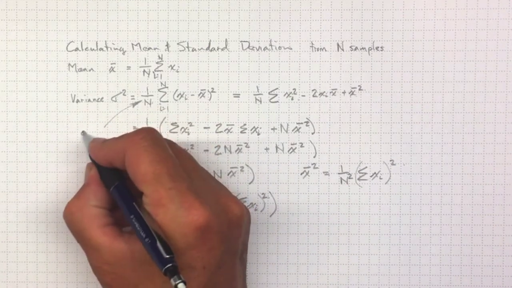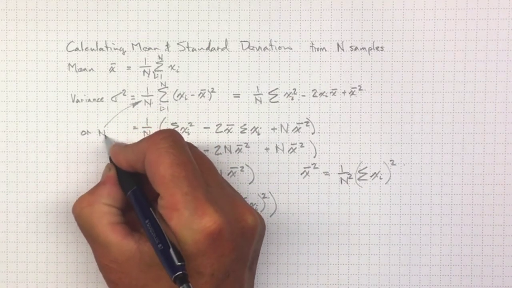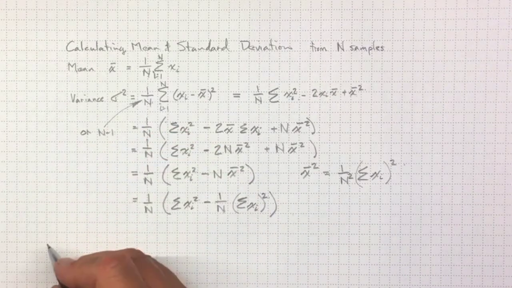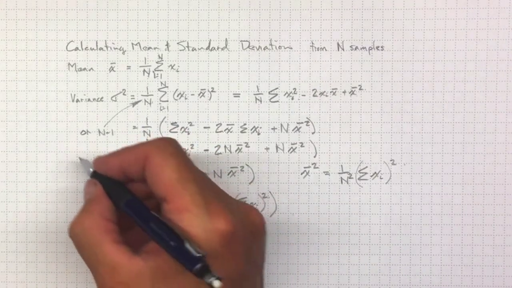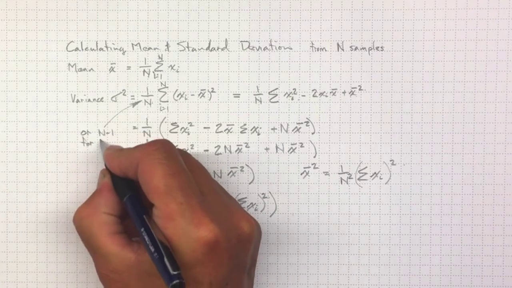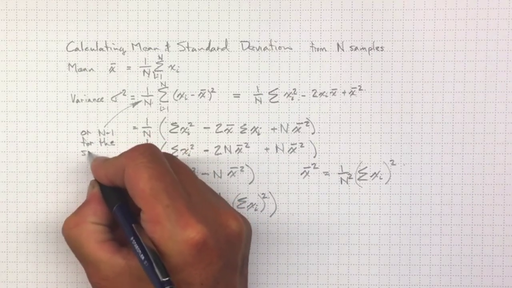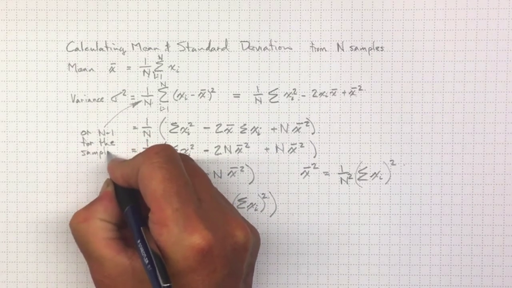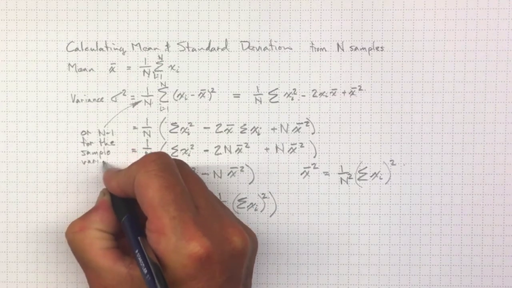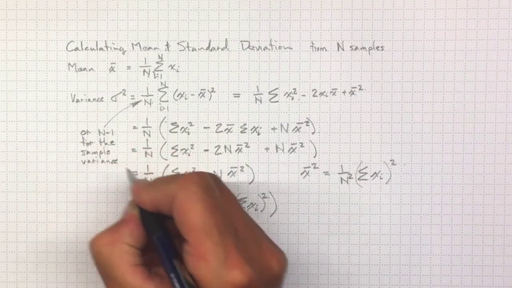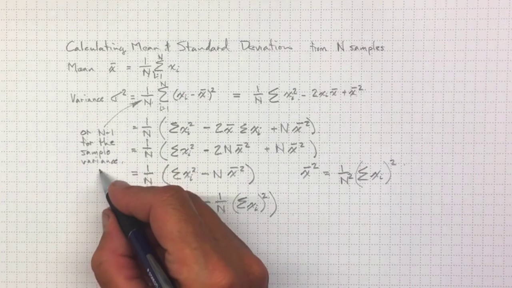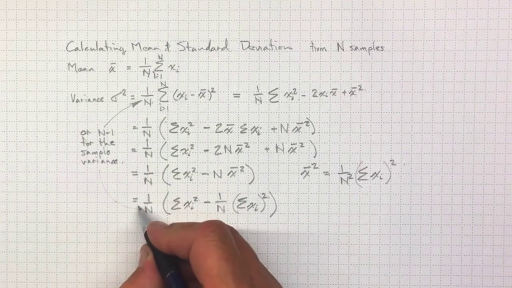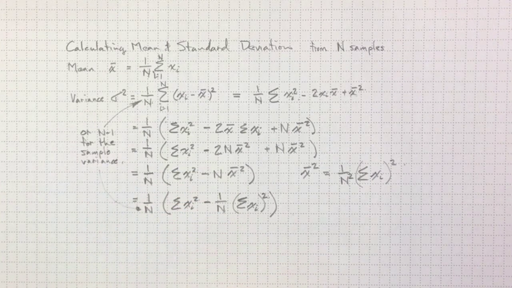For the sample variance, that n value would be n minus 1, because we have a reduction in degrees of freedom. And that's the same n as this one down here when we eventually get there.